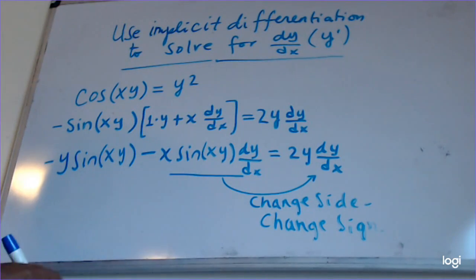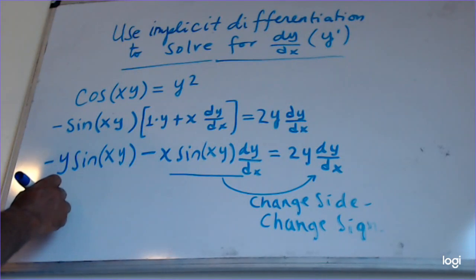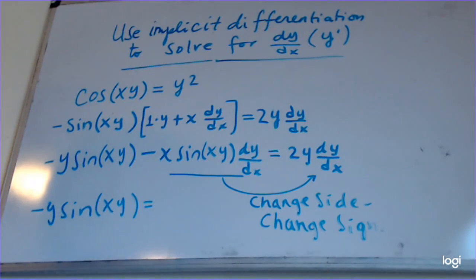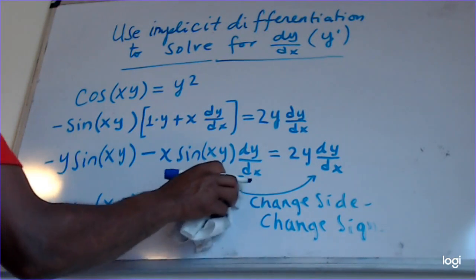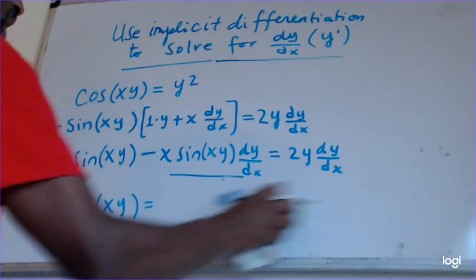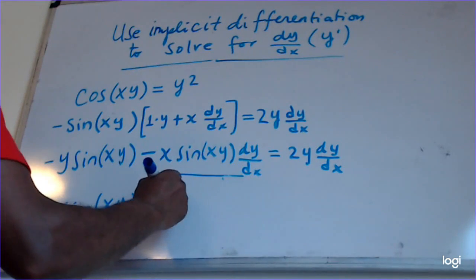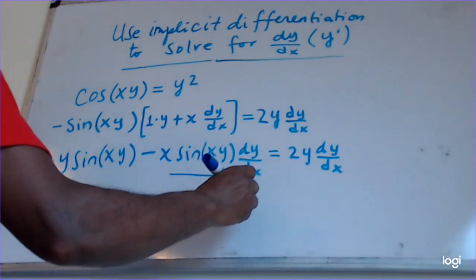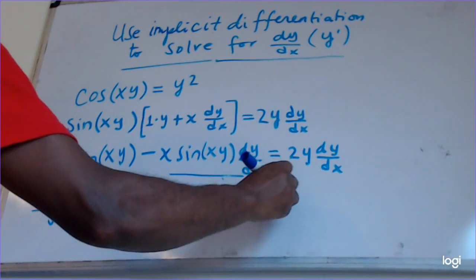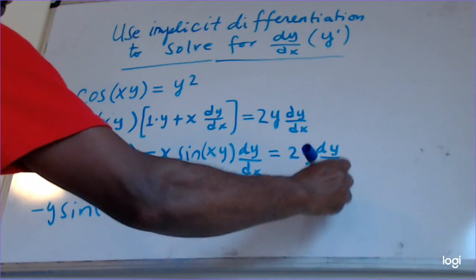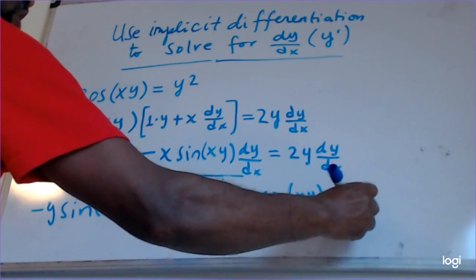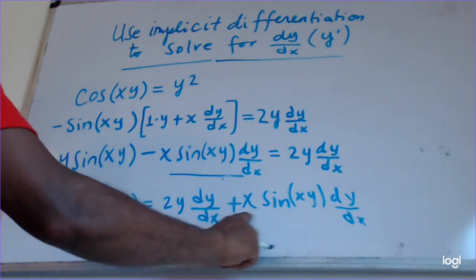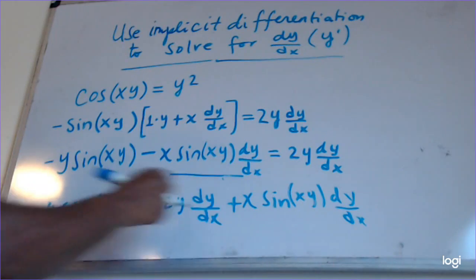So that means this will be minus y sine of xy equals, let me write this one, change side, change sign, so therefore this will be 2y dy/dx plus x times sine of xy dy/dx. Like we said, when we change the side of this one, which was a negative sign, to the right hand side, it becomes plus. Whatever was minus becomes plus.